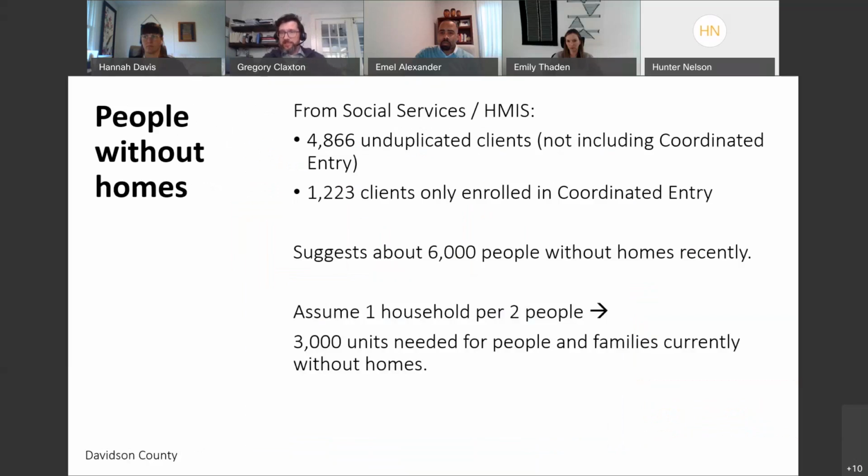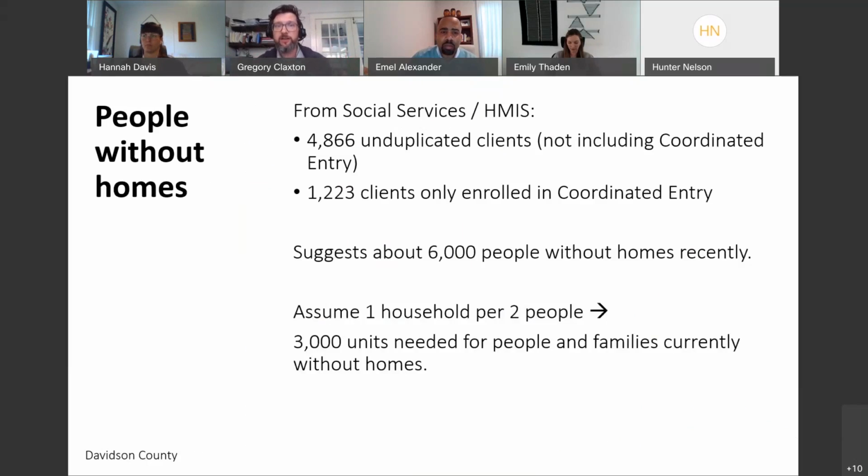And then the last thing, and this is very, very roughly working through, laying into our gap, is the need to serve people without homes currently. Dr. Tackett sent the current customers that social services is able to identify within HMIS.